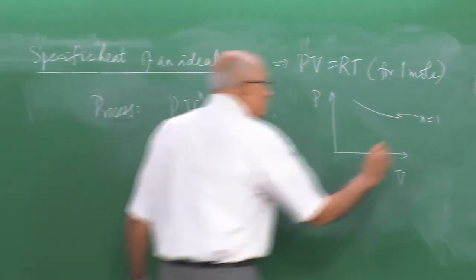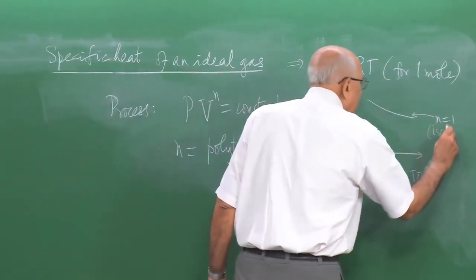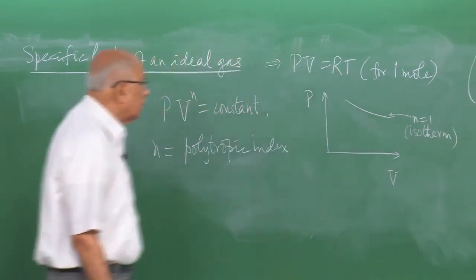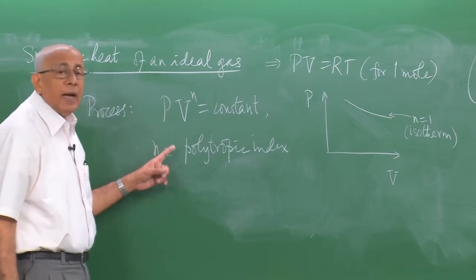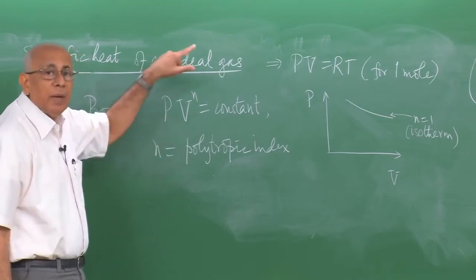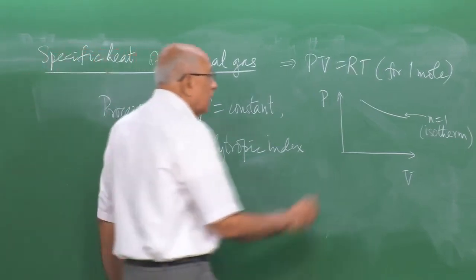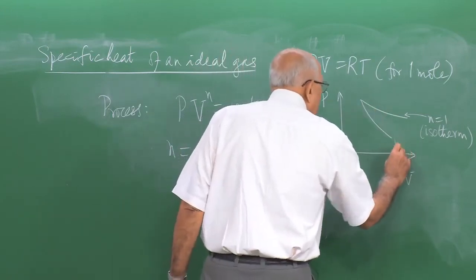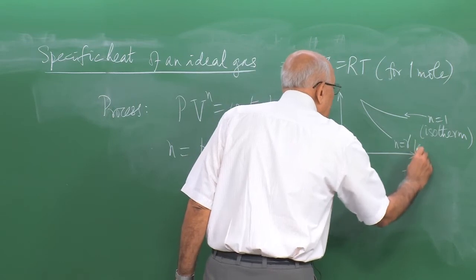So, this is isothermal, that is an isotherm. On the other hand, you could have also had PV to the gamma equal to constant, which is an adiabat, and since gamma is greater than 1, you have a curve like that, which says n equal to gamma, that is an adiabat.